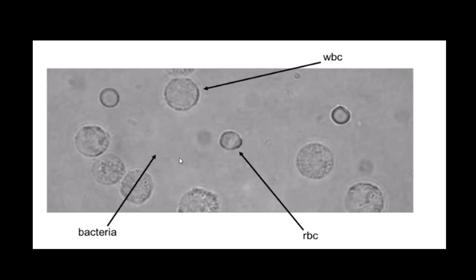So again, it's extremely important in the differentiation of an invasive versus non-invasive type of diarrhea to look for the presence of white blood cells and red blood cells. We call them fecal leukocytes, fecal red blood cells. This is a very important finding here in the stool analysis.